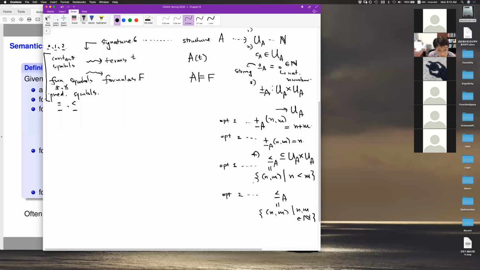Actually, maybe I won't write this bar because it makes things very confusing. So this is a very unusual meaning of less than, but it is also another possible option.